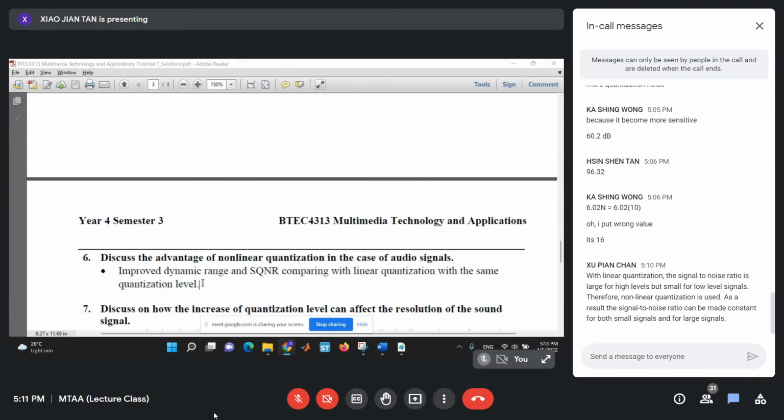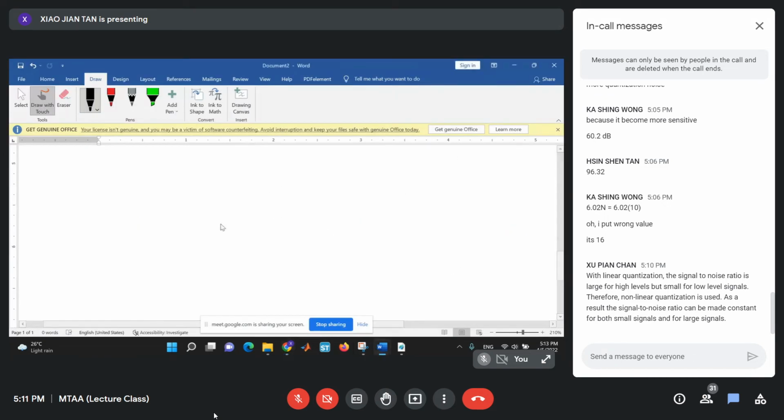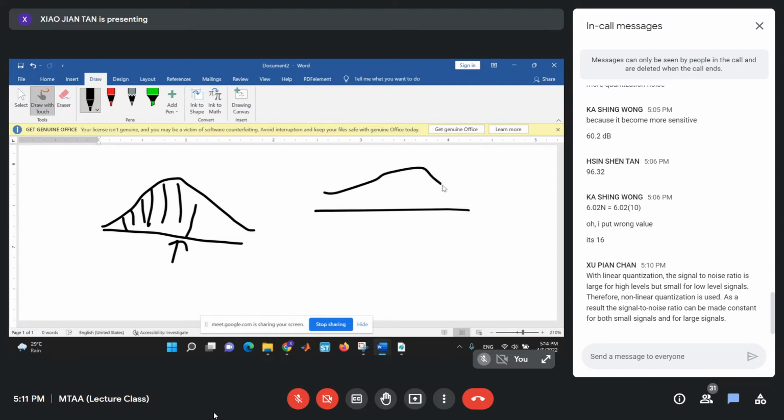Non-linear is meant to be more adaptive. If it is linear, all the sampling intervals are the same, but for non-linear you can have different intervals, which means it is more adaptive. At the same time, non-linear is a bit more tedious to manage than linear.